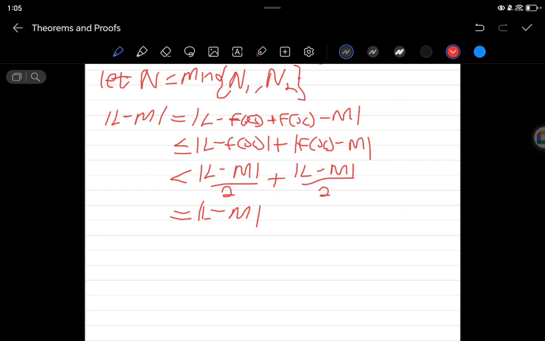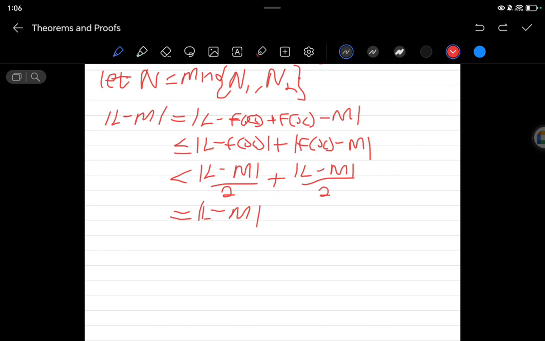So check this. Here we're saying that the absolute value of L minus M is less than the absolute value of L minus M. This is a contradiction, right? Because this is not less than that, they're equal.